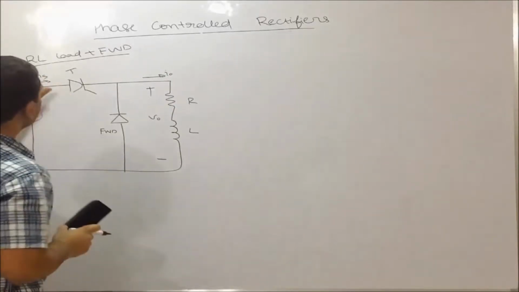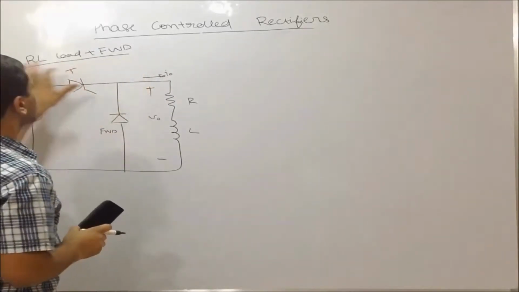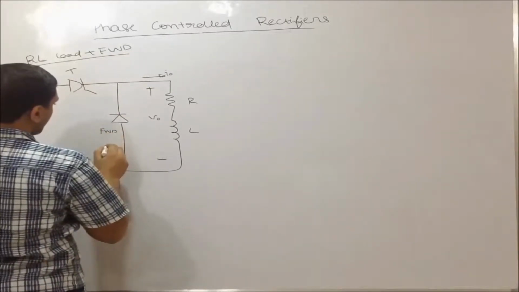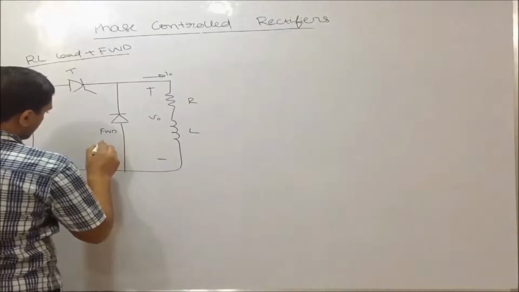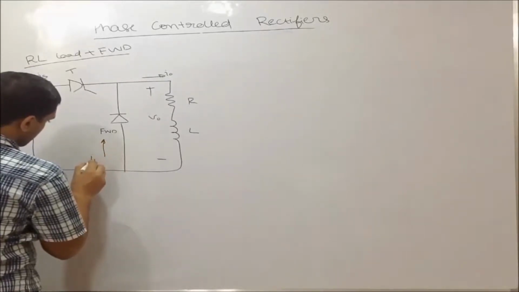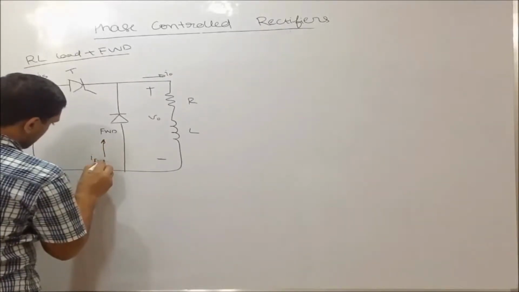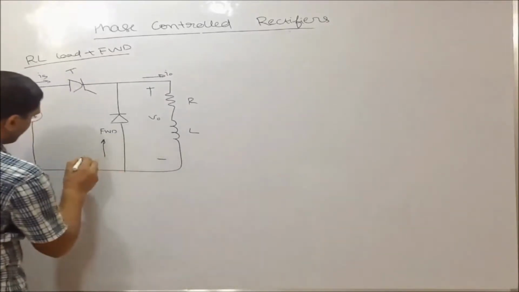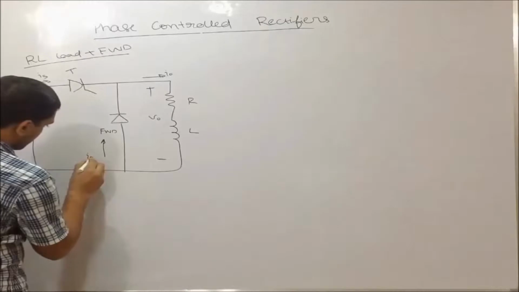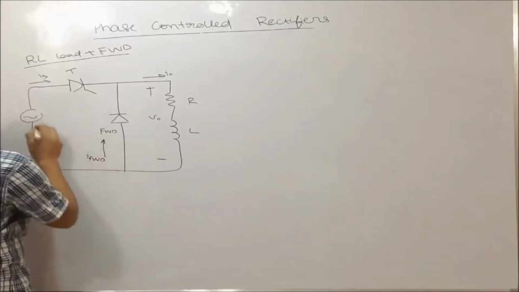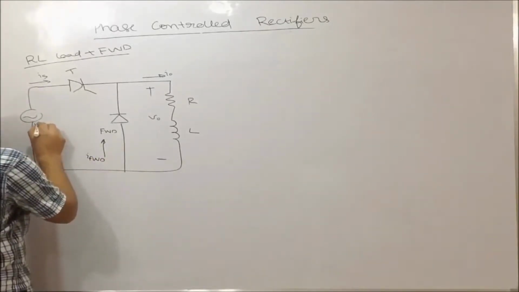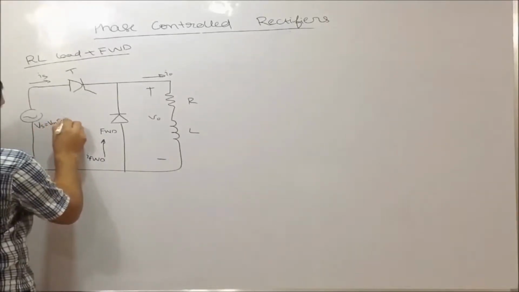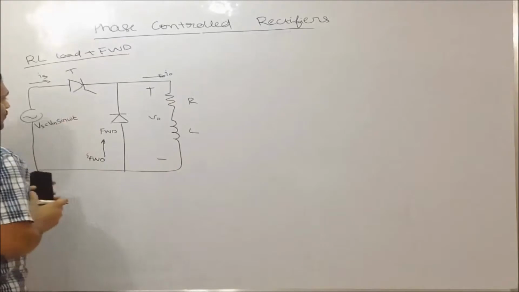Now IS and I0 are not exactly equal, and this is the current through the freewheeling diode. This is the source, Vs equal to Vm sin omega t.